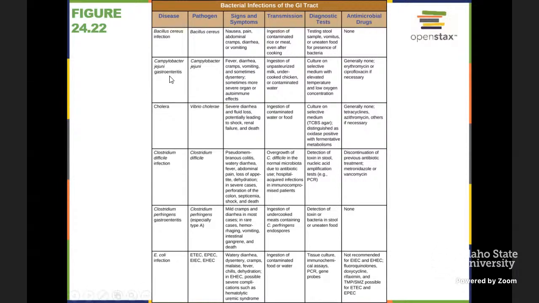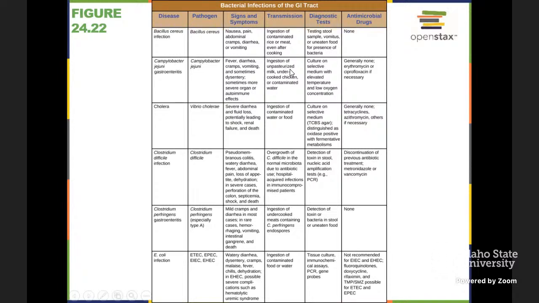Campylobacter jejuni, this is one of the main bacteria that we think about pasteurizing milk to prevent. Gastroenteritis, serious issues, fever and diarrhea and cramps, vomiting, maybe some dysentery. You can have other complications if you've got some autoimmunity.